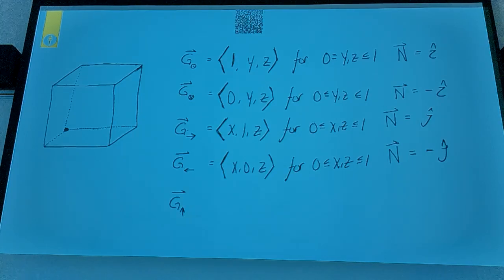Look at the top facing. Which is fixed now? x, y, or z? z is fixed at 1. And what's the value of z? 1. x and y go from what? 0 to 1. And what is the normal vector?